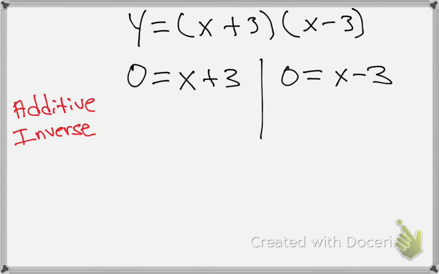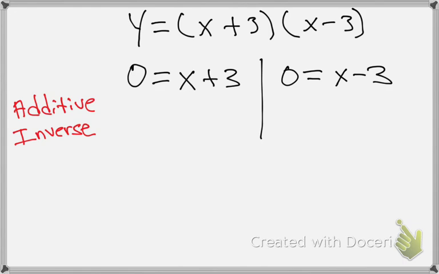And in order to do that, we have to do inverse operations. There's two inverse operations. One is called the additive inverse for when you are dealing with addition or subtraction, and the other is the multiplicative inverse when you are dealing with something that's being multiplied or divided by x. So right now we just have something that's being added to x, basically.